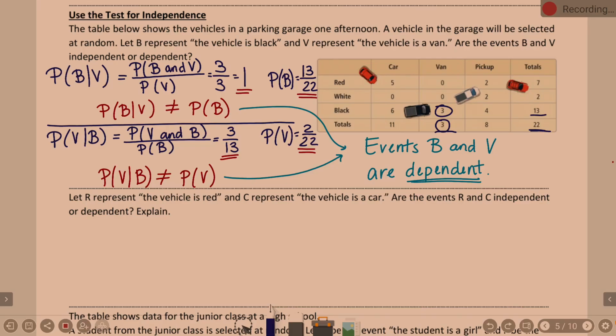P of R given C. So the probability that a vehicle is red, given it's a car. On top for conditional probability, you put red cars, both red cars. On bottom, we're going to put the probability it is a car.